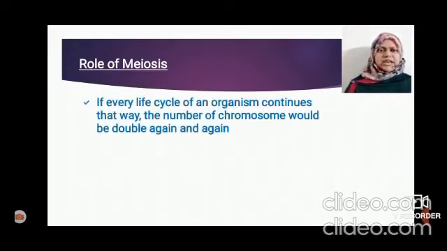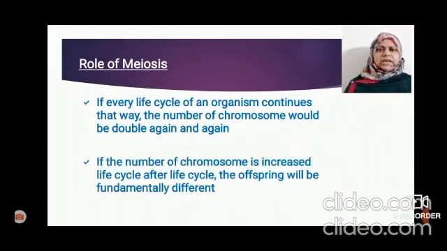If every life cycle of an organism continues that way, the number of chromosomes would be double again and again. If the number of chromosomes is increased life cycle after life cycle, the offspring will be fundamentally different.